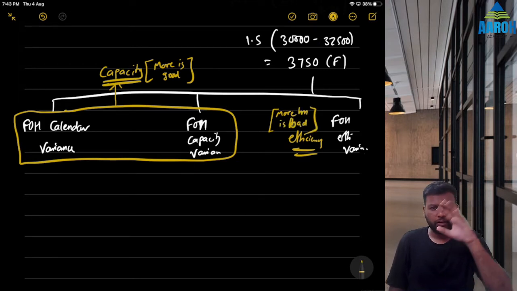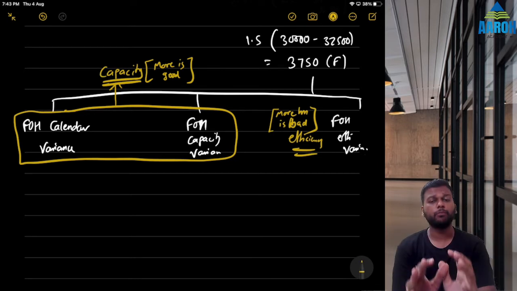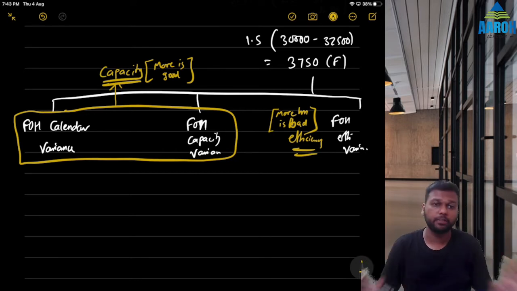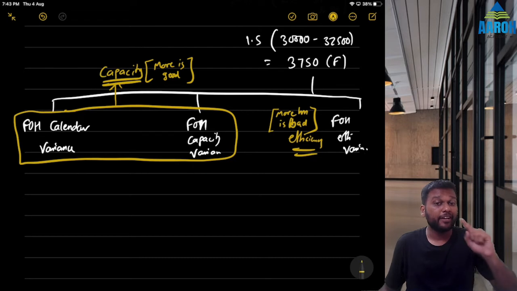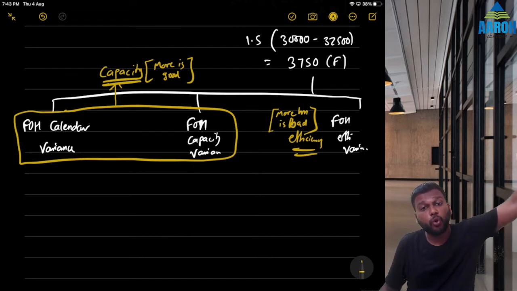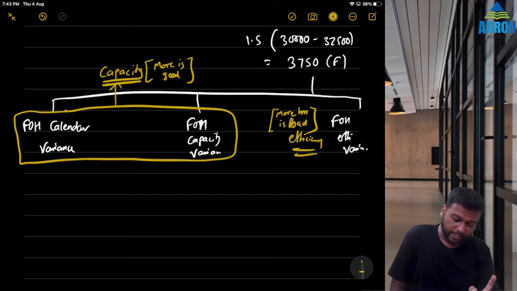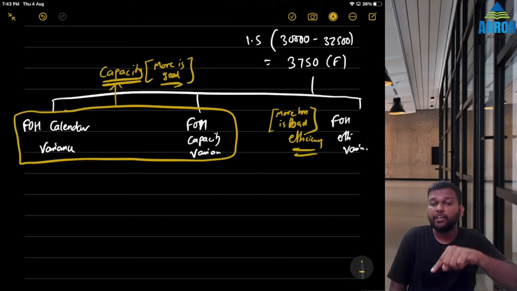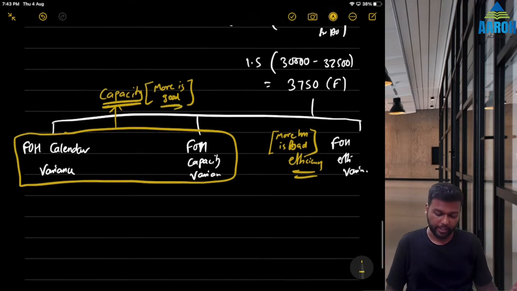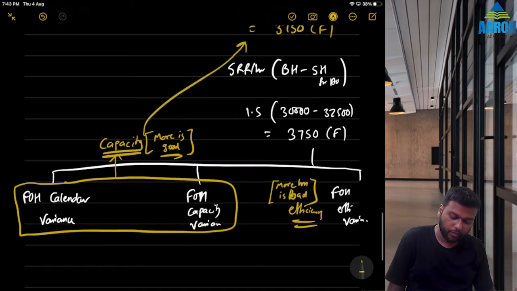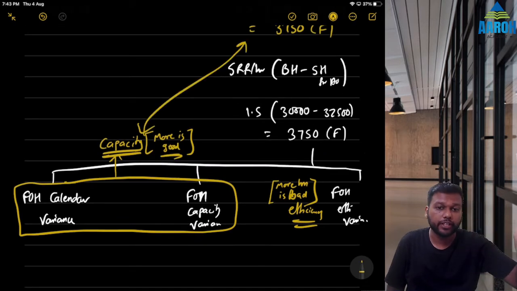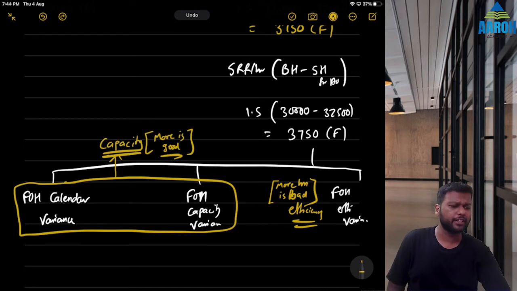For producing same number of units, if you use more hours, then that is bad. But if you work for more hours and produce more number of units, then that is good, right? So in capacity, more is good, in efficiency more is bad. So capacity is like the volume variance, so it is going to be opposite, whereas efficiency variance is like all other normal cost variances.